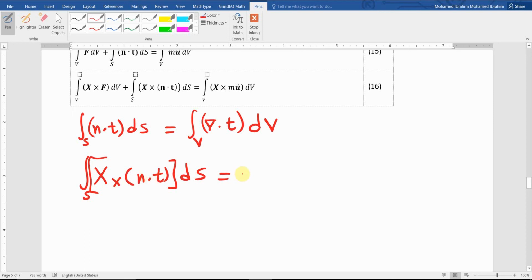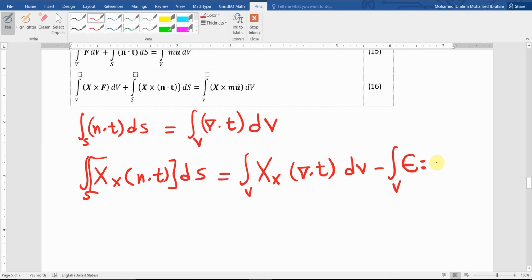So this is gonna give us at the end the integration over the volume of x cross nabla dot t, which is the divergence of the second order tensor t, dv, negative the integration over the volume of epsilon, and epsilon is a tensor, I'm gonna tell you what this tensor is, double dot t, which is the second order tensor that we just assumed, dv.